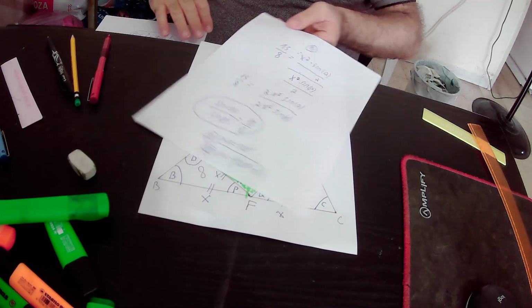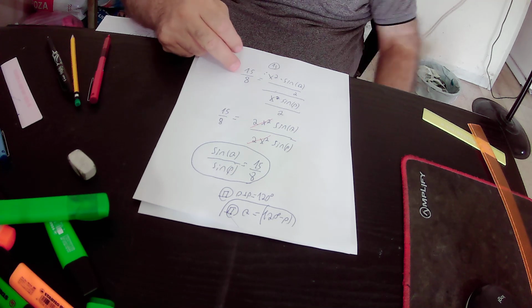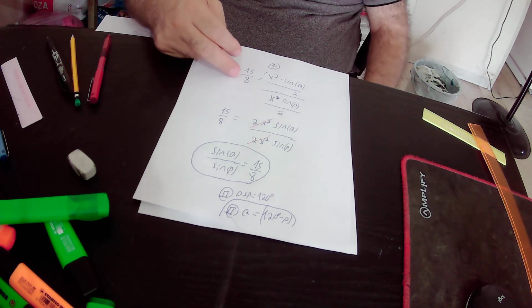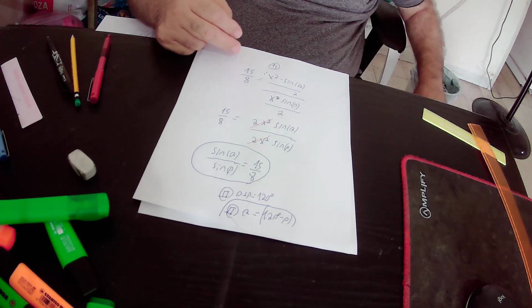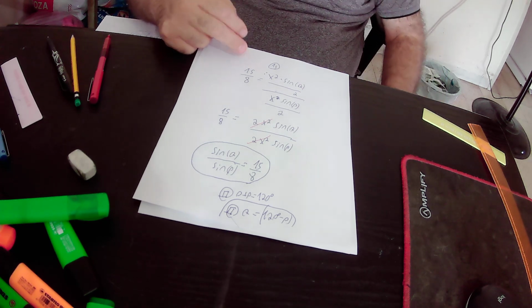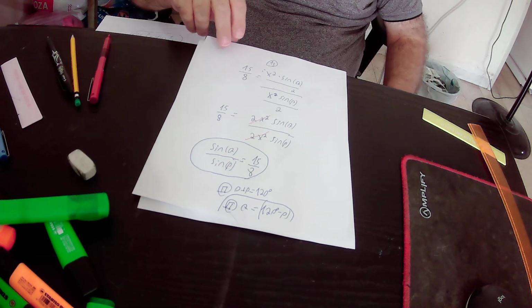So we divided the area of the big triangle by the area of the small triangle, and we calculated the area of the big triangle according to the formula that I presented to you.